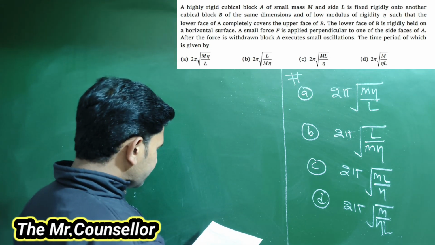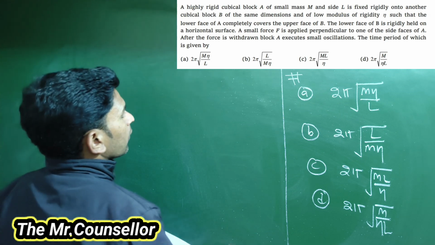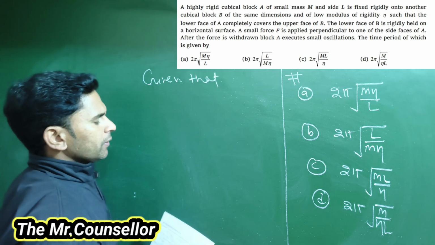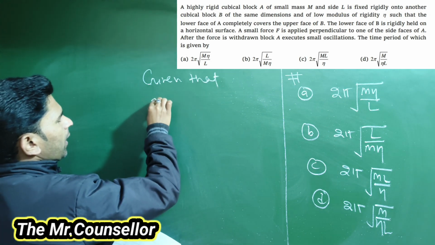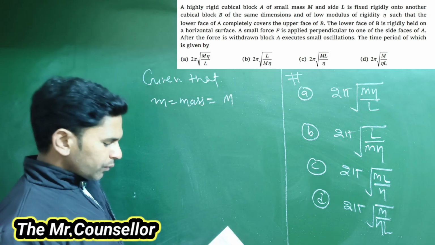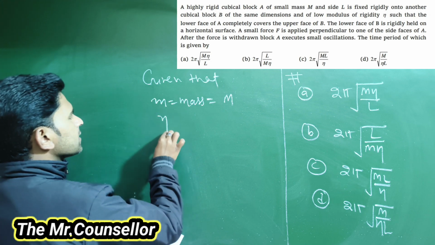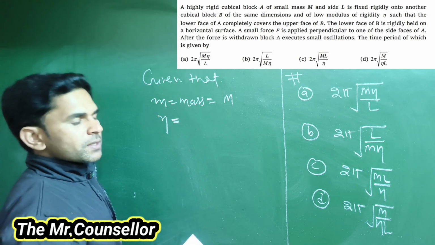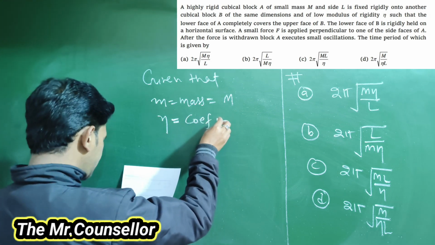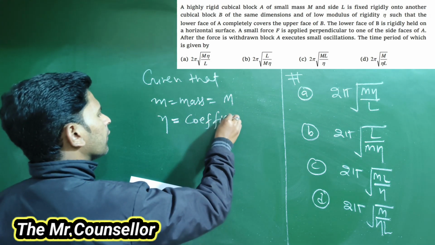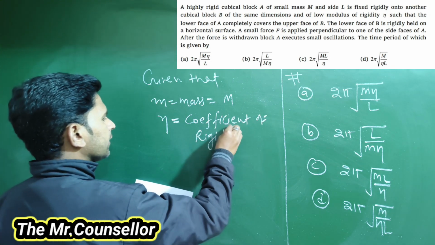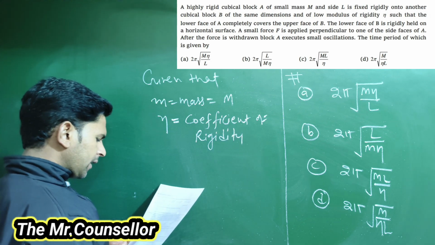See what is given according to the question. The small mass is given as capital M, and eta is given, the coefficient of rigidity.